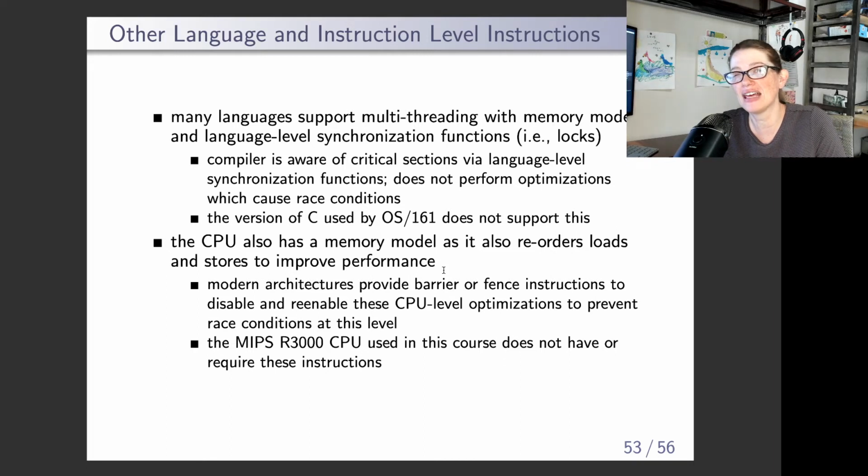I read the specs for these many years ago, but I think it's the R4000 that the first barrier instructions start showing up. We don't have to worry about them. The only one of these concepts you need to worry about is volatile itself.